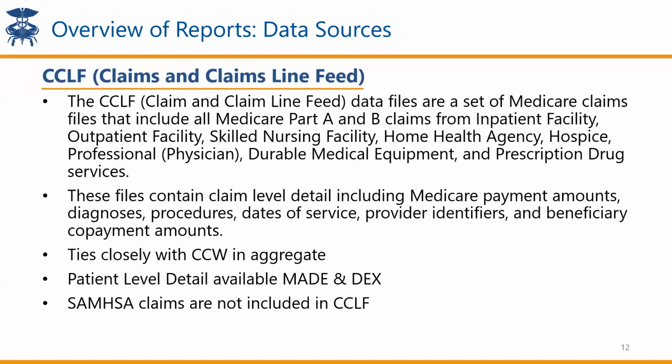Now we're going to talk a little bit about the data that is in the reports themselves. All of the MPA monitoring reports are fed by the claim and claim line feed, or CCLF data.